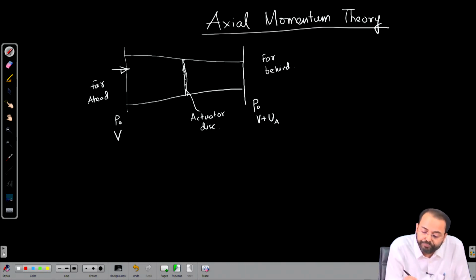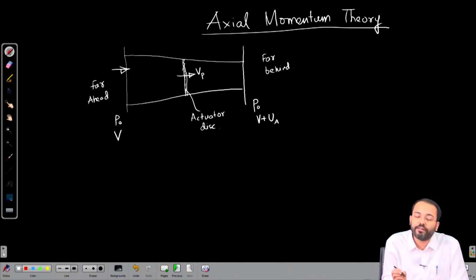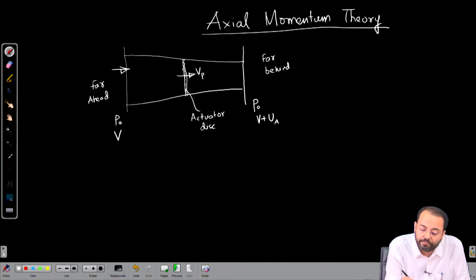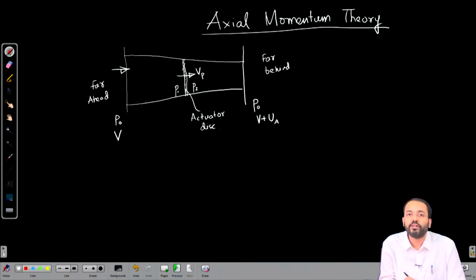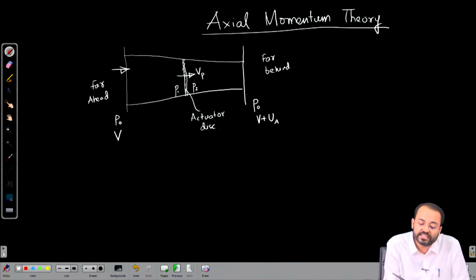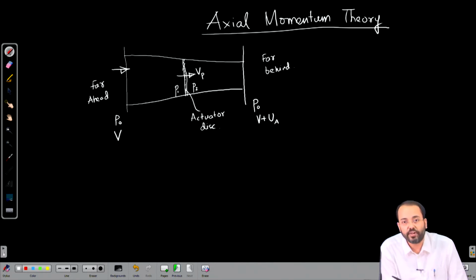At the propeller plane, let us say the velocity is Vp, where Vp is the velocity at the propeller, and the pressure just in front of the disc is P1, and just behind the disc is P2. So, basically what the propeller does is it imparts a pressure jump across the disc, and because of that it generates a thrust.